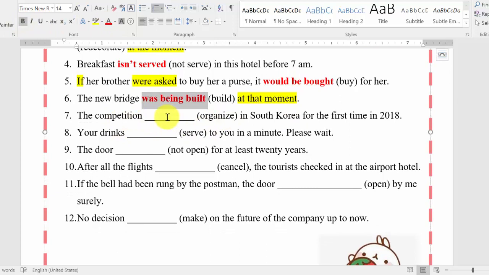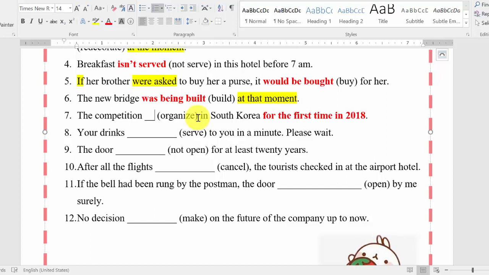Number 7. The competition what organized in South Korea for the first time in 2018. Your keyword here is for the first time in 2018. This should be past tense, because 2018 is in the past, now we are in 2020.